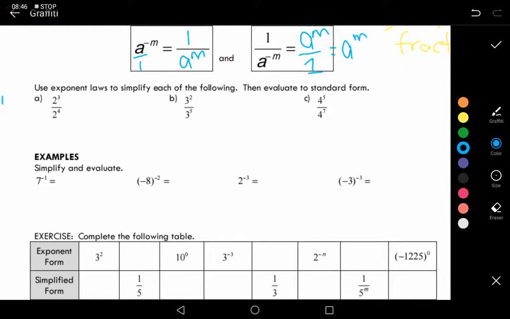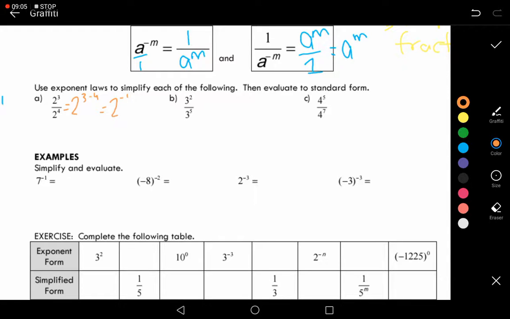So it says use exponent laws to simplify each of the following, then evaluate to standard form. So we're going to start with our exponent laws. So here we're dividing, which means we need to subtract our exponents. Okay, so 2 to the power of 3 minus 4 is 2 to the power of negative 1.